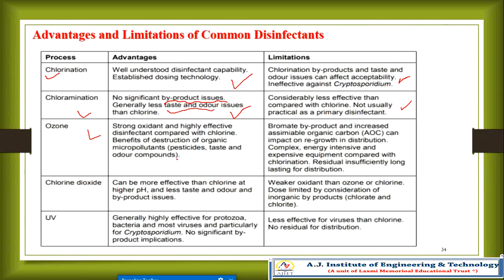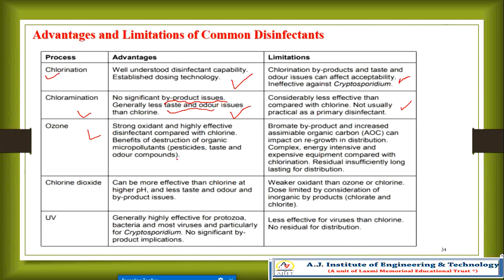So equipment modification or equipment will be required more as compared to chlorination. Chlorination is very flexible as compared to ozone, but the effectiveness of ozone will be more. That is where you can use it effectively.